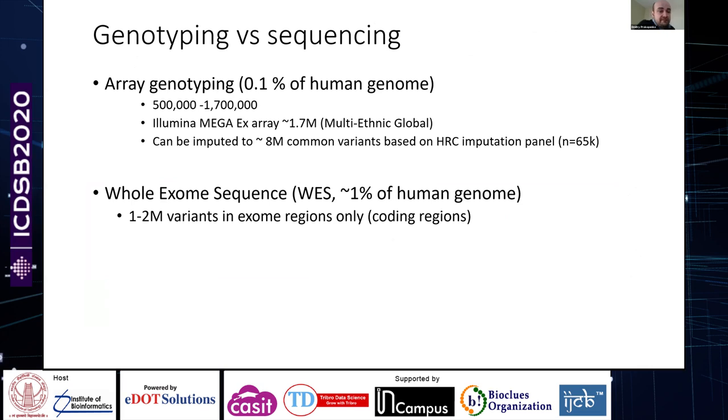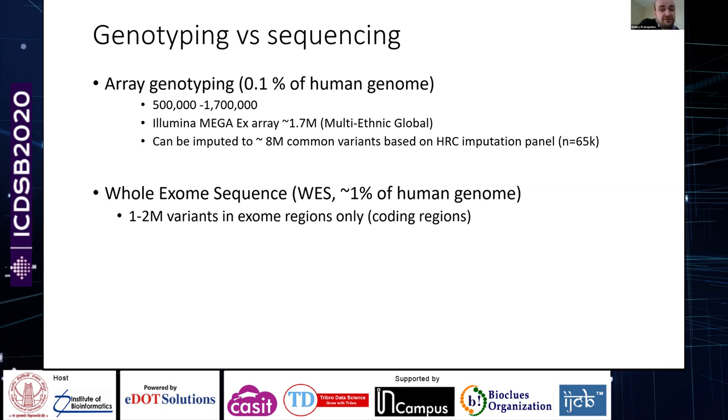But now let's take a step back and see what other methodologies there are. The most popular technique to do association studies, even now, is still array genotyping. Depending on the array size, you basically read specific positions from your human genome, and this can range from 500,000 up to 2 million base pair positions.